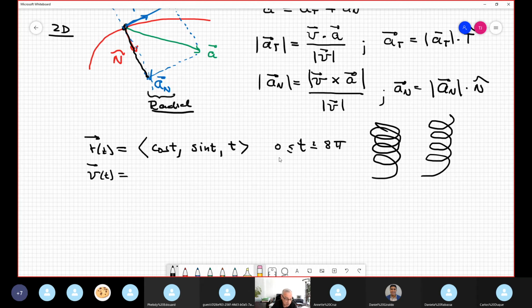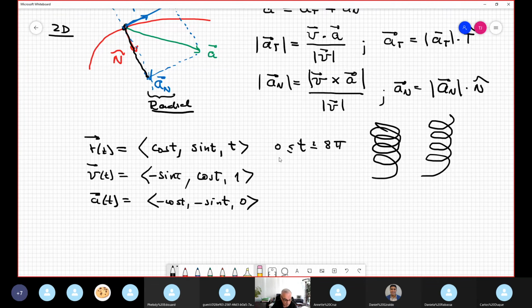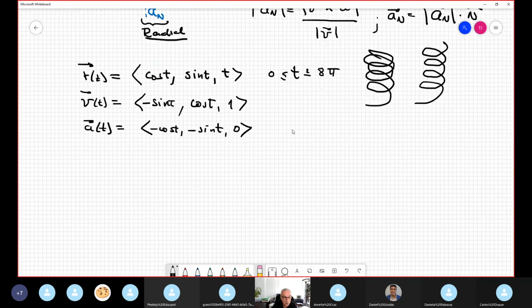Okay, you find velocity. Velocity is the first derivative: minus sine t, comma, cosine t, comma 1. Acceleration is minus cosine t, minus sine t, and 0. Now you want to find the tangent component of the acceleration, like a dot product, b dot a divided by the magnitude of b.